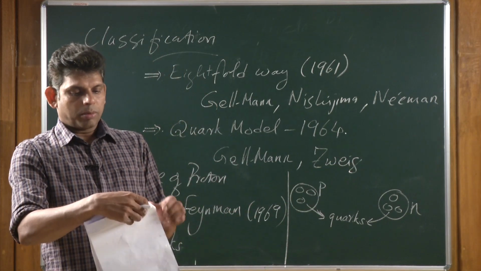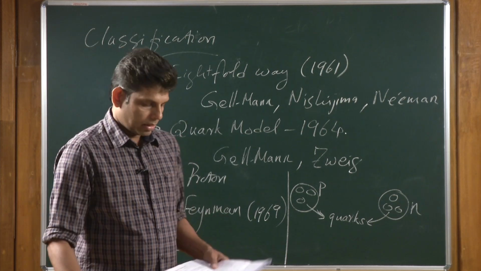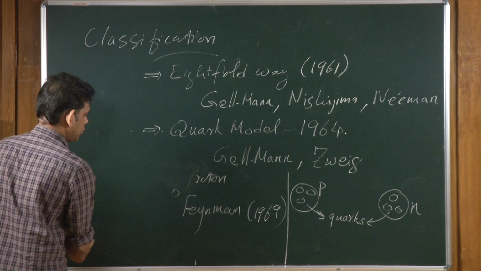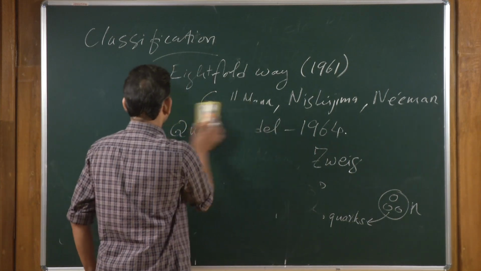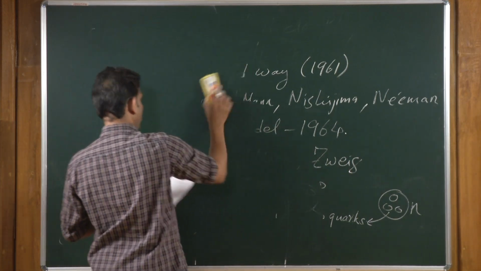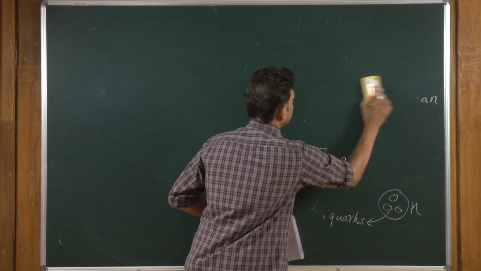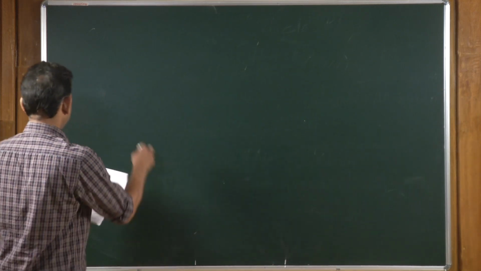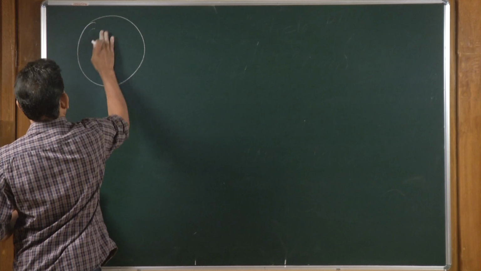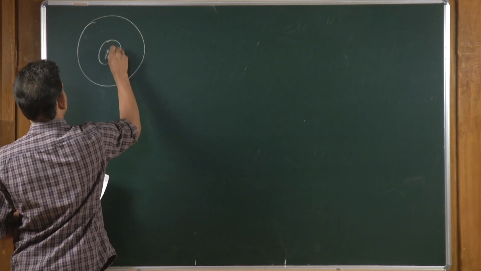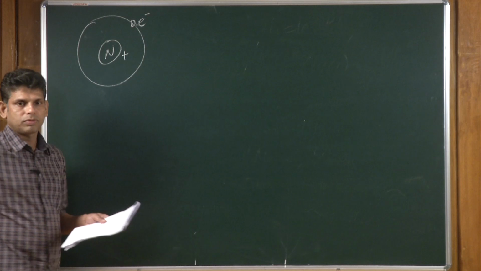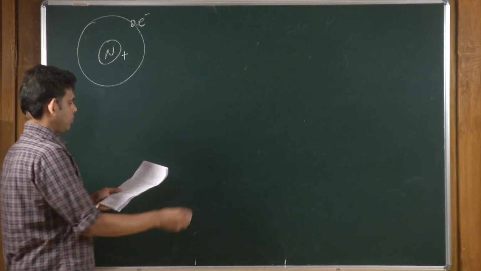We will come to the properties of that later, and now let us look at the summary of the situation. Summarizing, we have the modern picture of the atom: a positively charged nucleus and negatively charged electrons moving around it.